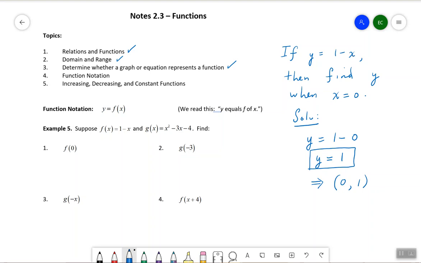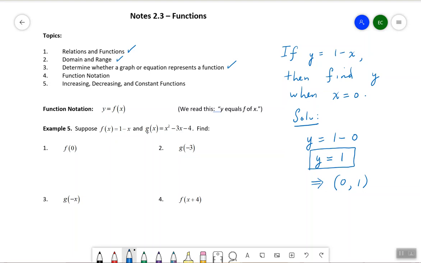So what we want to do now is introduce the idea of function notation, and all that means is that we're going to replace the y in our problem with f of x. So now, instead of saying y equals 1 minus x, we say f of x equals 1 minus x. And f of x means the same thing as y. In particular, the f is a common choice of letter here.